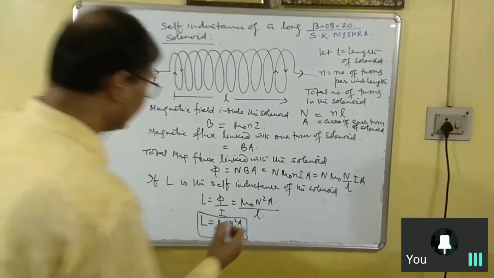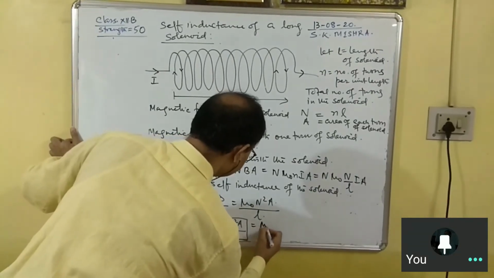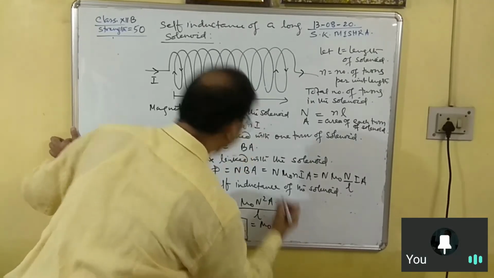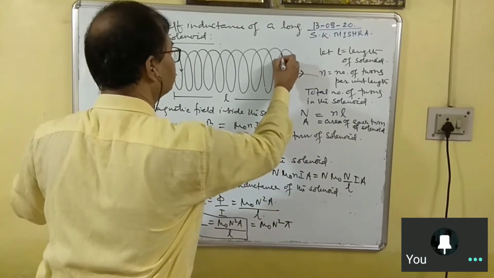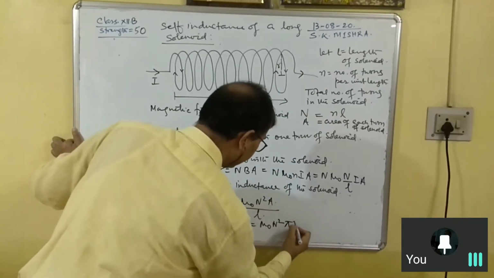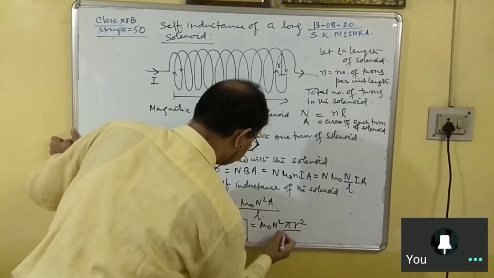Or you may write mu naught N square, where A is pi R square if R is the radius of the solenoid, so pi R square divided by L.